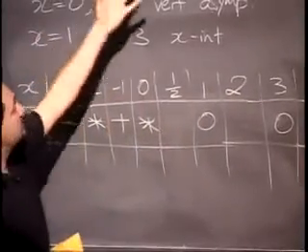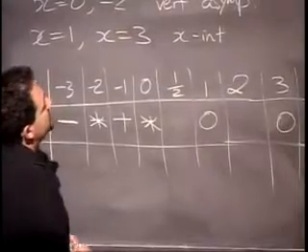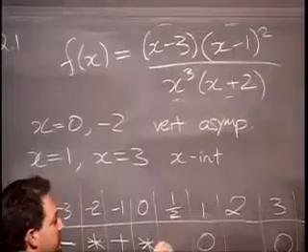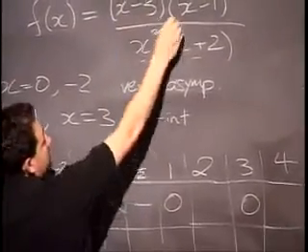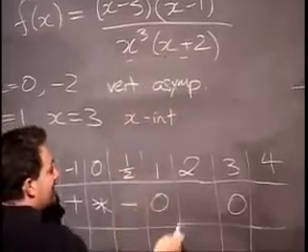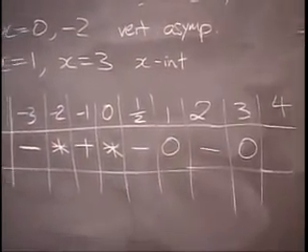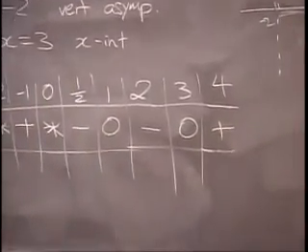You just need to look at whether each factor is positive or negative. For 1/2, I get negative, positive, positive, so the thing will be negative. At 2, I get negative, positive, positive, positive. Again, it's negative there. At 4, however, everything is positive, and so there's my table of signs.